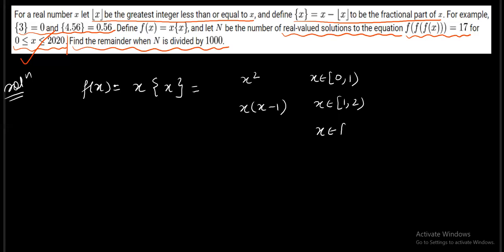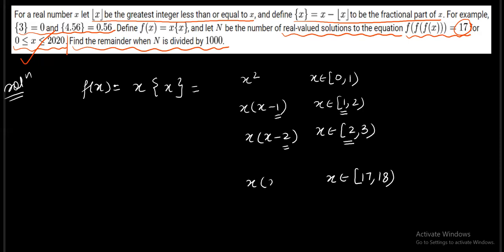Now I'm moving ahead and defining it for the interval closed 2 to 3 open. The function will take the form x into x minus 2. Take it 2, 2. This is 1, 1. So I can say that when x belongs to, because in the question 17 is also important, I'm defining it for the 17 to 18 interval. For 17 to 18, you will be writing the function as x into x minus 17.